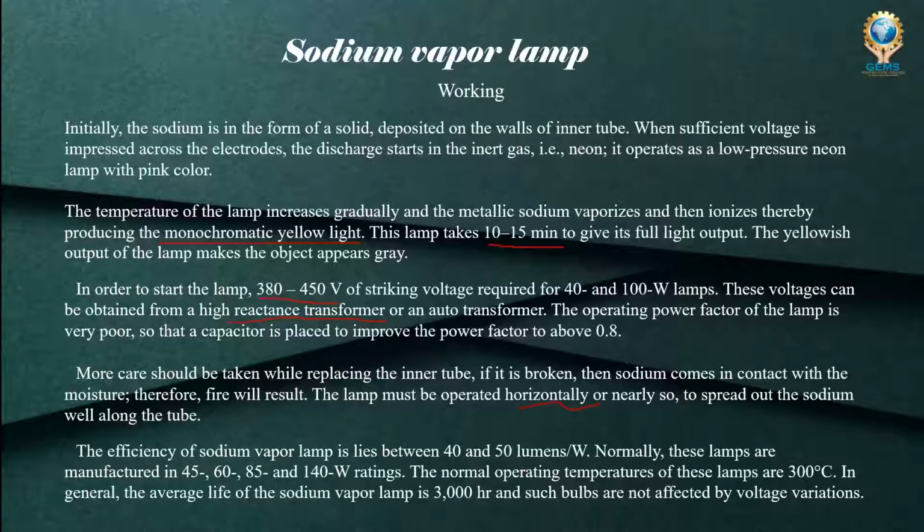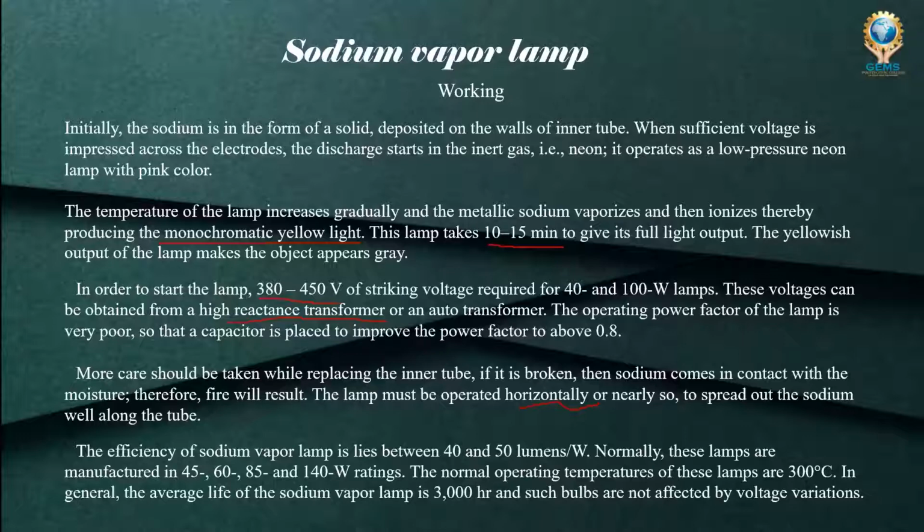The efficiency of the sodium vapor lamp lies between 40 and 50 lumens per watt. To recap: the yellowish output, 10 to 15 minutes to reach full output, and 380 to 450 volts for 40 to 100 watt lamps.